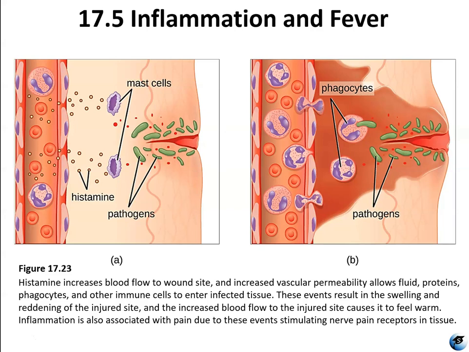The figure here shows that histamine increases blood flow to the wound site and increases vascular permeability, and this allows for fluids, proteins, phagocytes, and other immune cells to enter the infected area. But this results in swelling and redness of the site, and it increases blood flow to the injured site and causes it to feel warm to the touch. Inflammation is also associated with pain because all of these events stimulate nerve pain receptors in the tissue.